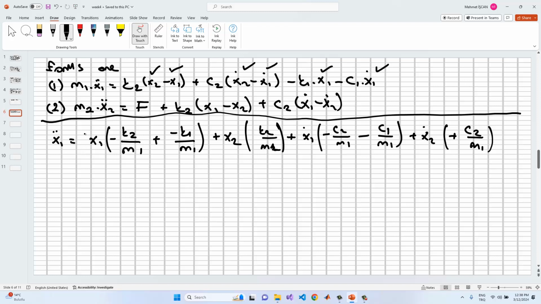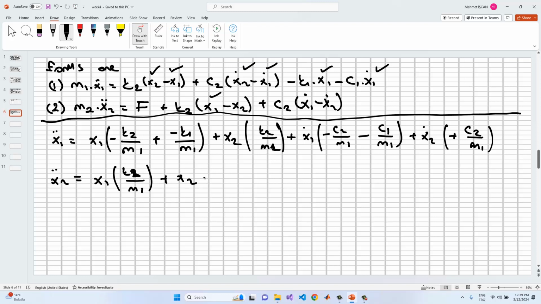I can order the whole terms x1, x2, x1 dot, x2 dot in here because I should write the state space in a specific order. So x2 double dot should also be given in here, just like this one. We have x1 here, k2 divided by m2, right?